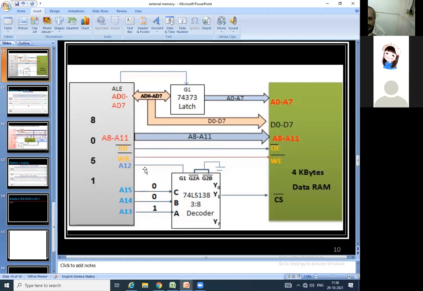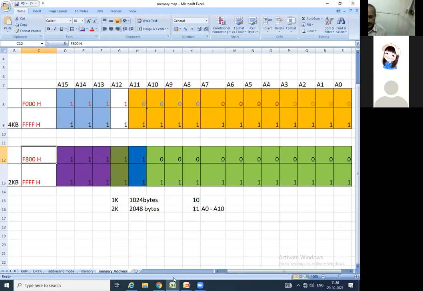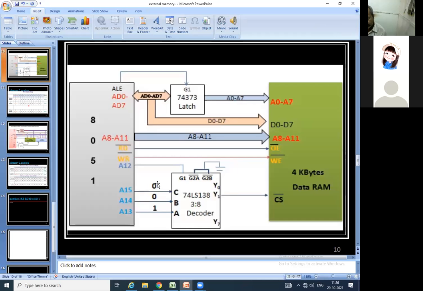In that way, this diagram is to be constituted. All the other things, that is J2A, J2B, should remain as they are shown. And for our address, F800, what else changes? Here I have taken 111, so Y7 has to connect to CS bar. So that way you are supposed to make the connection.